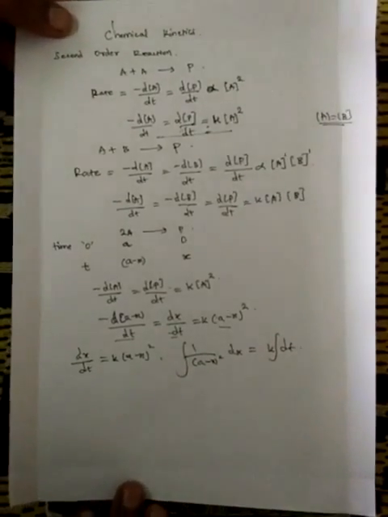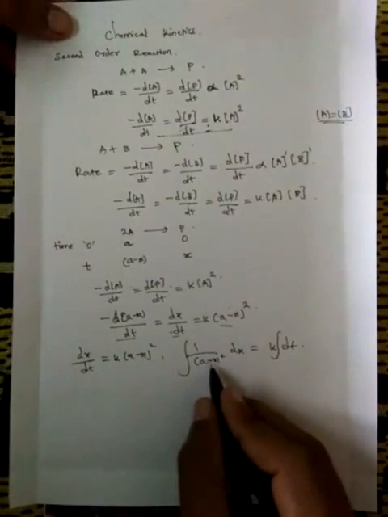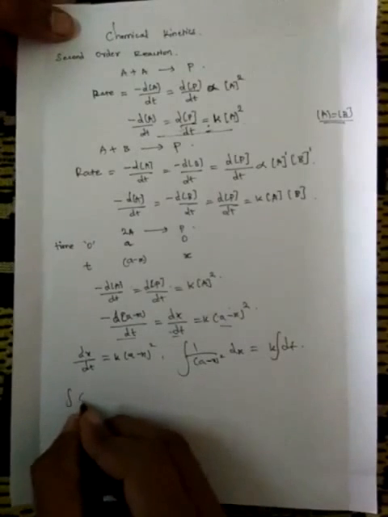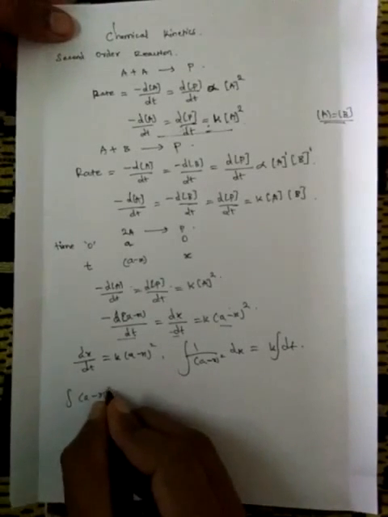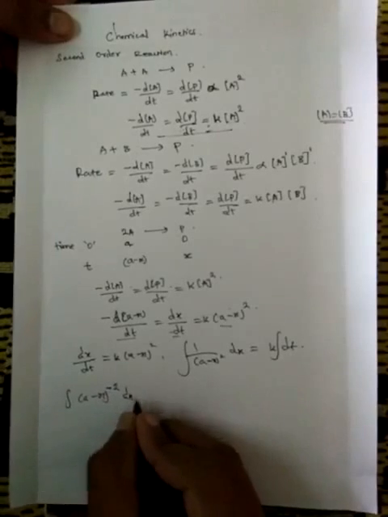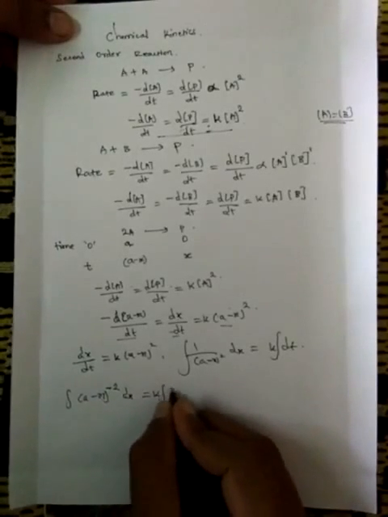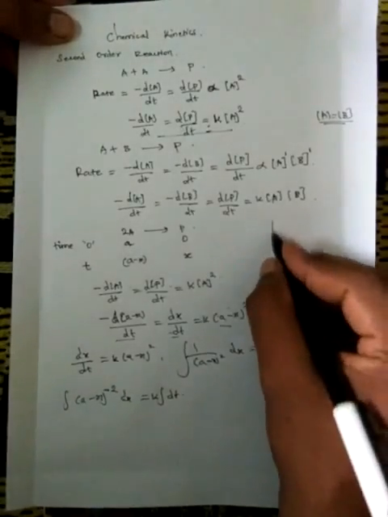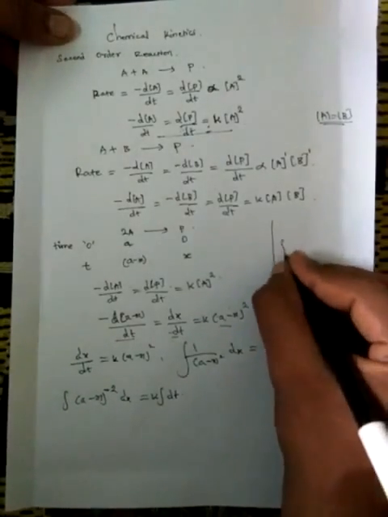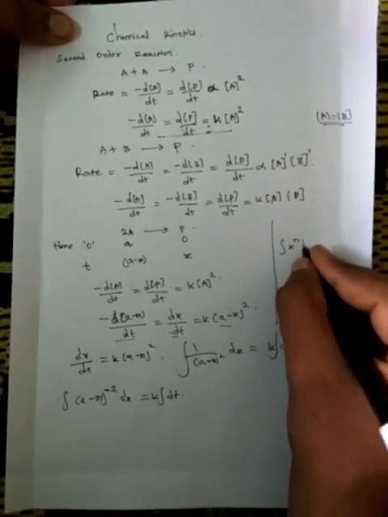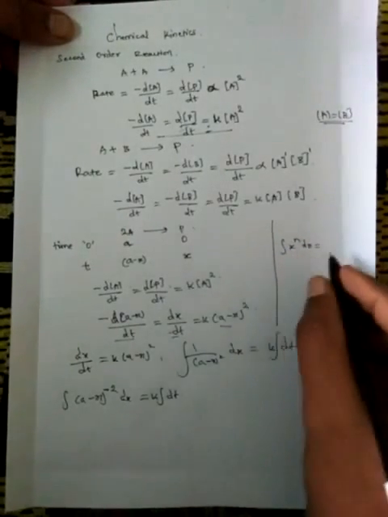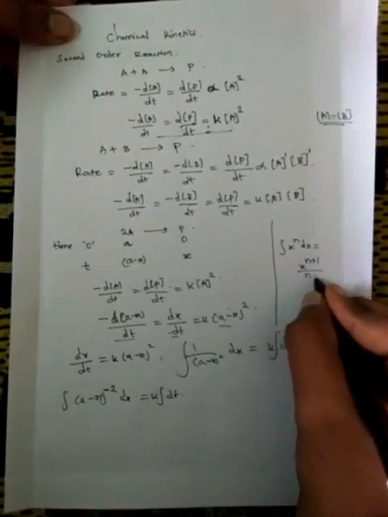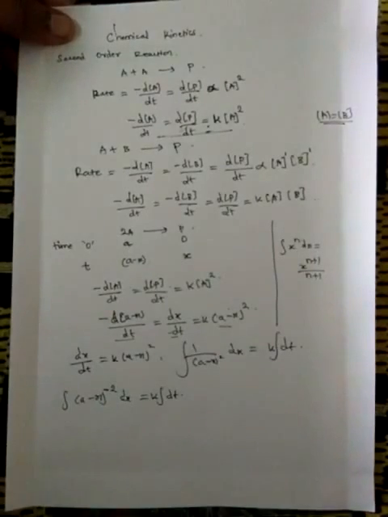I can write (A minus X) inverse 2 dx equals K dt. I know a formula that integration of x power n dx equals x power n plus 1 divided by n plus 1. That's the formula.